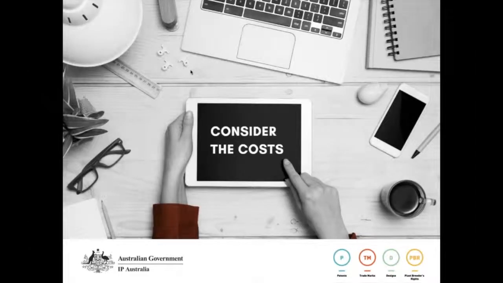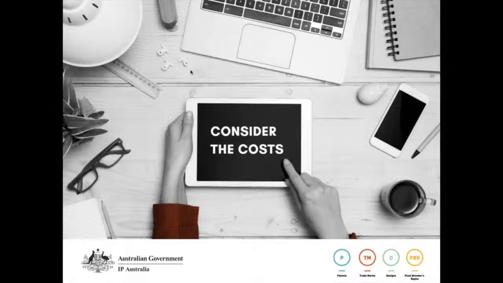And I guess that also leads into this particular question as to, is patenting the right way to go? And if you decide to go down this path, what are the costs going to be? One of the things that we want to encourage here at IP Australia isn't to say to everybody that, yes, you need to go out and get a patent, because that's the way to go. Because in a lot of circumstances, that's not going to be the correct strategy. One thing that you need to consider again is what are the holistic costs that entering the patent system is going to be.